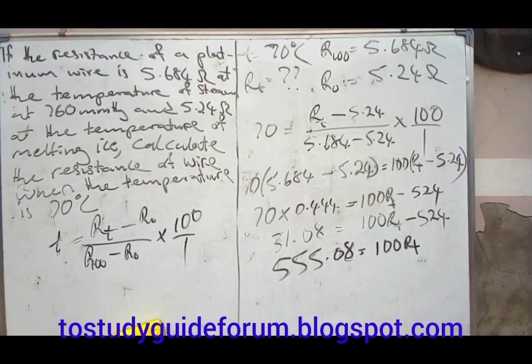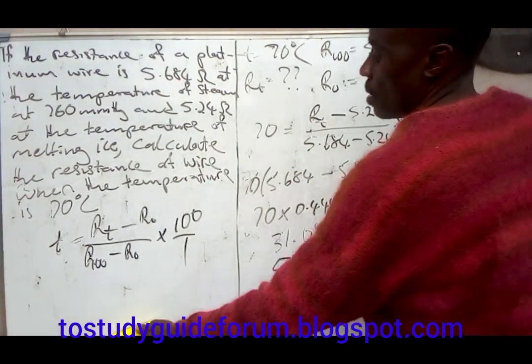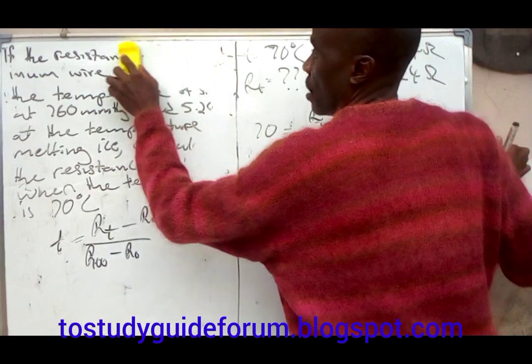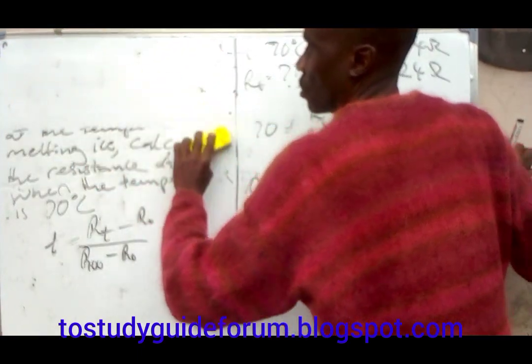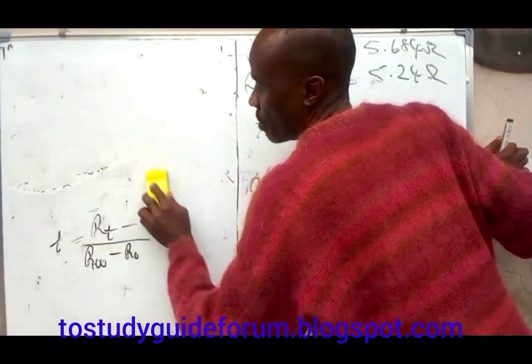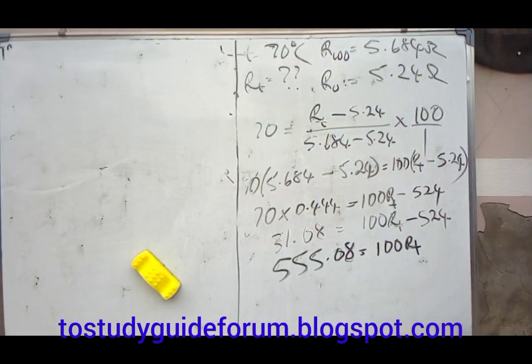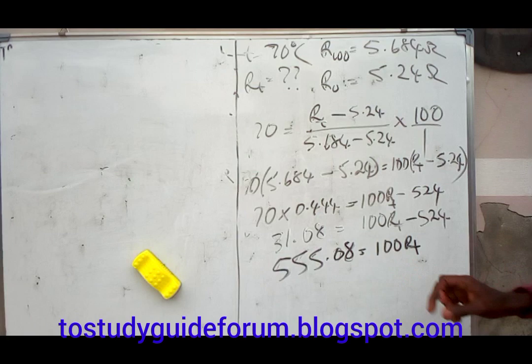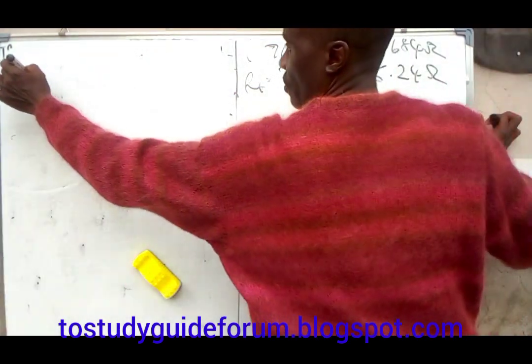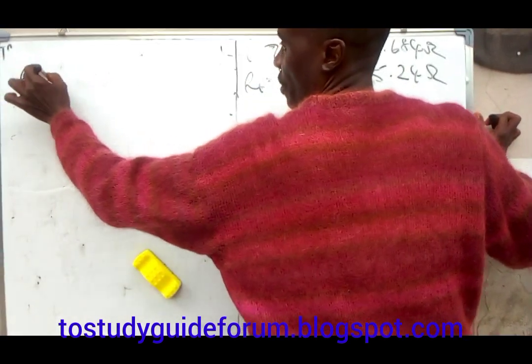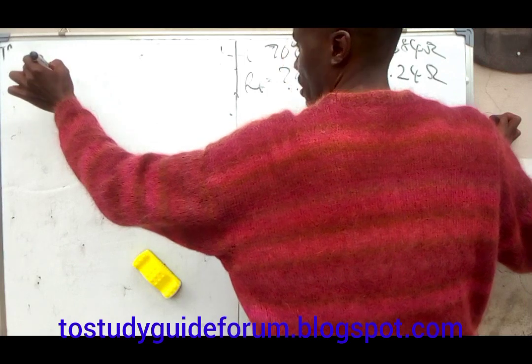Now we divide, making R_T the subject, the resistance at that temperature.